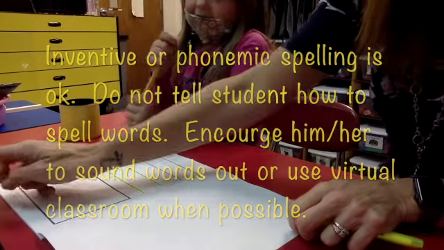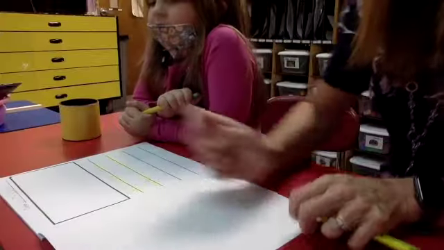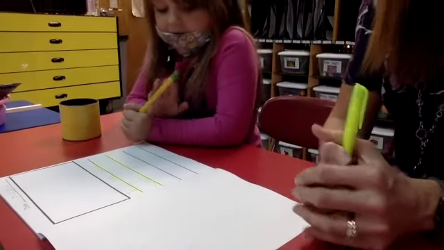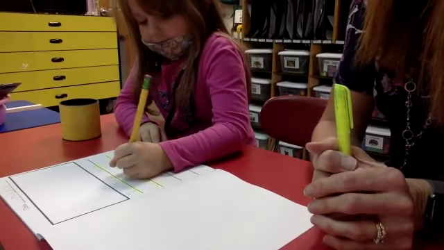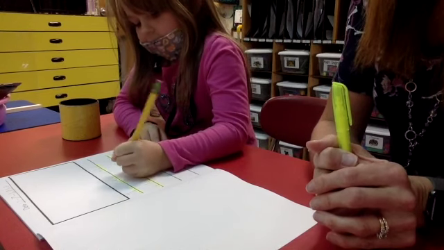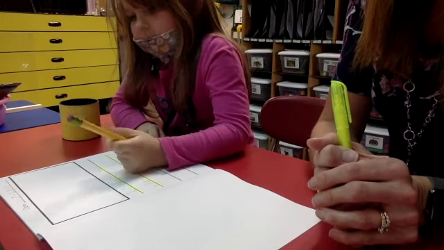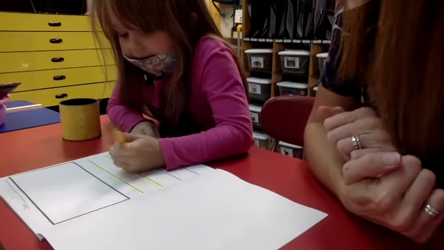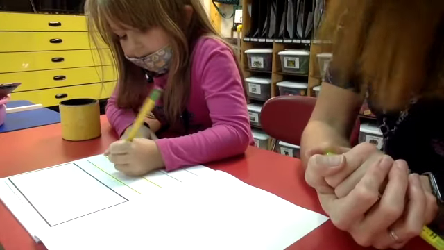And now we can go to the October page and see how to write jack-o'-lantern. Go ahead and write that word jack-o'-lantern. And you could have just sounded out jack-o'-lantern too if you didn't want to copy it. But since we have the card.